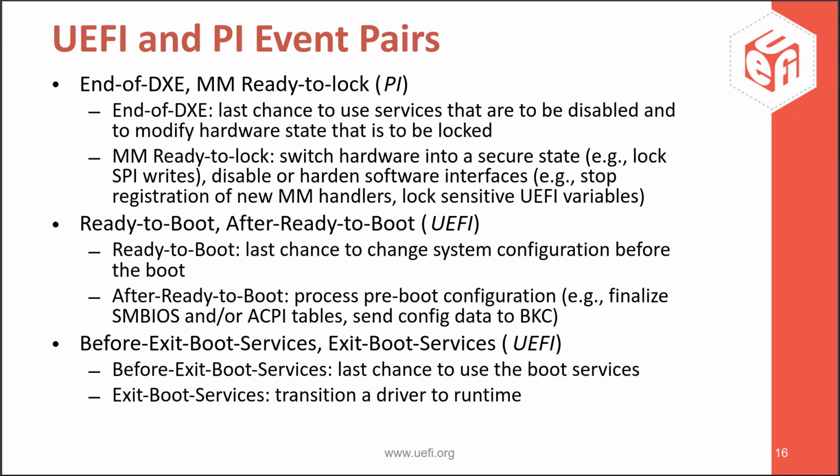So if you are writing code that disables certain services or performs platform hardening, you should install your callbacks on MM ready to lock, not on end of DXE. And the other way around, if you want to use a service that is about to get locked, you should use the first event from the pair, end of DXE in this case. Otherwise you will be depending on the order of callback execution, which is not defined by the spec.